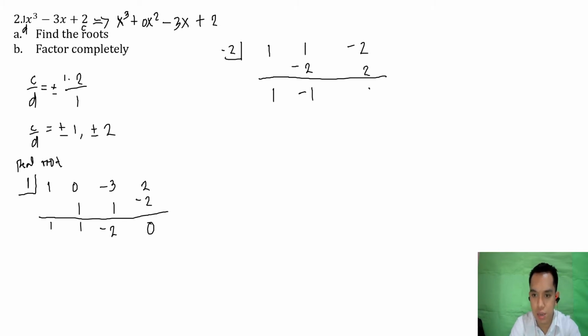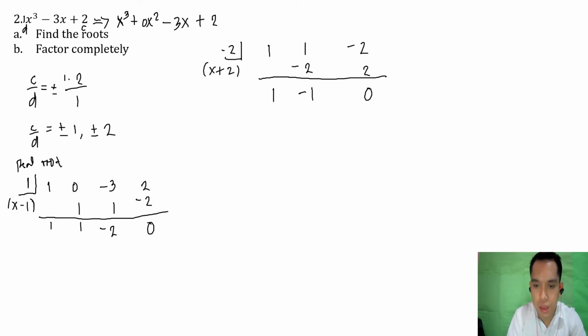So, that is 0. Okay, so therefore, the factors of our polynomial are, yung 1 natin dito is x minus 1. And negative 2 is x plus 2. Okay?